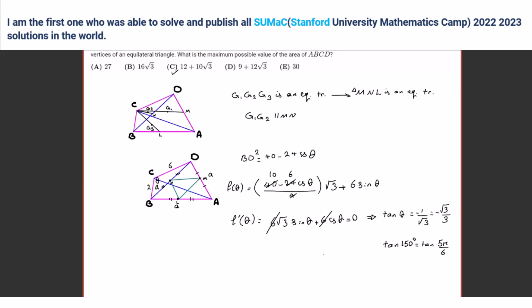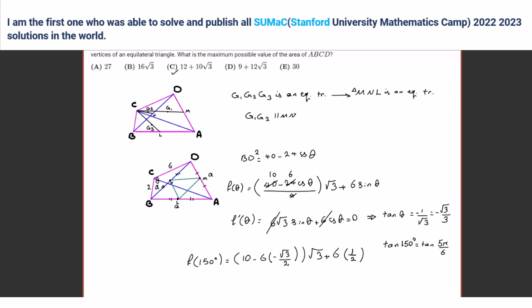Okay, so here you can plug in, right? We can say f of 150 degrees equals 10 root 3 minus 6 cosine 150 ... Cosine 150 is negative root 3 over 2. Sine theta is 1 half.